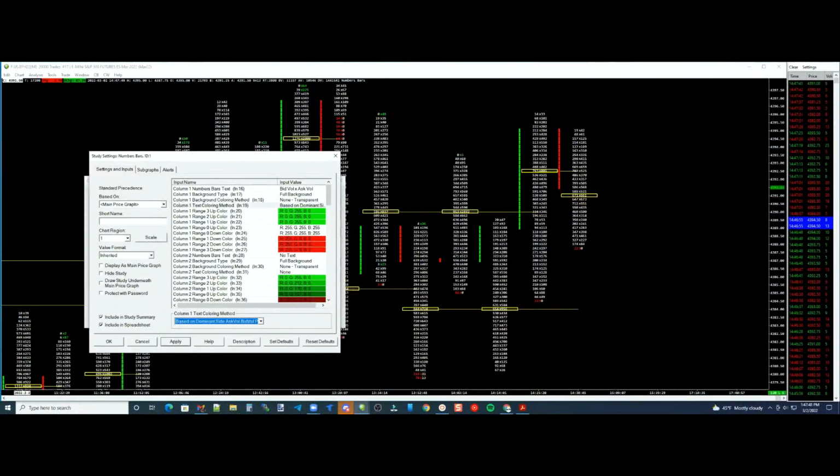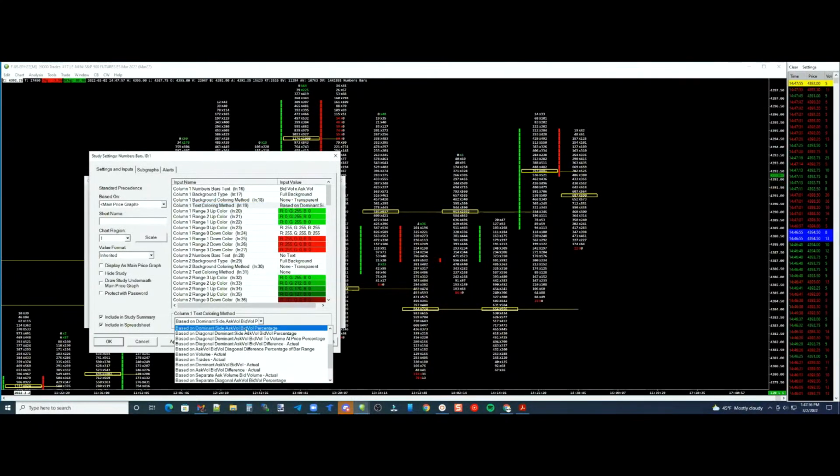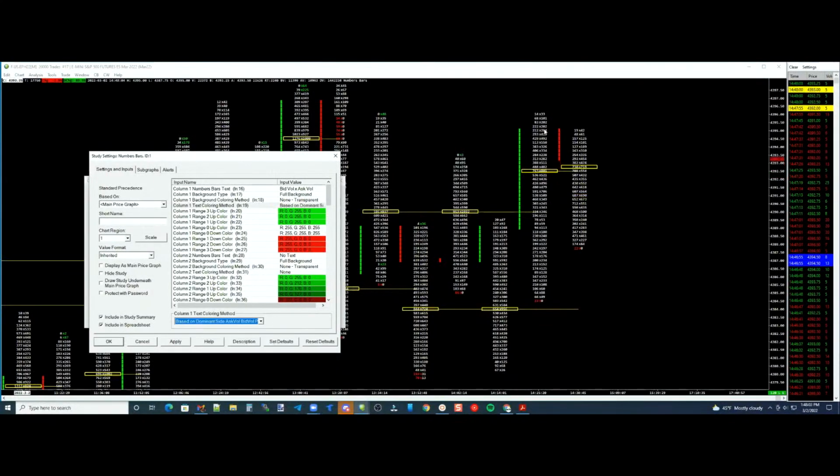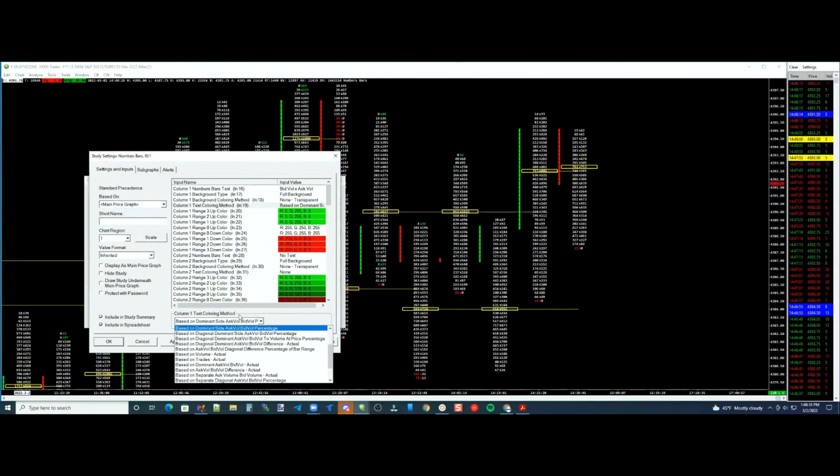This has got to be ask vol bid vol percentage, based on ask vol bid vol percentage. It's got to be on diagonal. That's where I got it wrong. See, I can tell right away that this is not correct because 3 is not 400% greater than 40. I automatically know 86 is not 400% greater than 68. So I automatically knew I had a mistake in here.